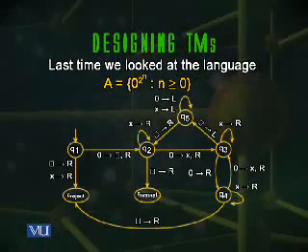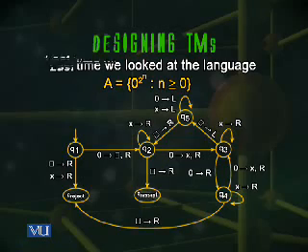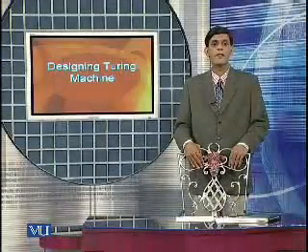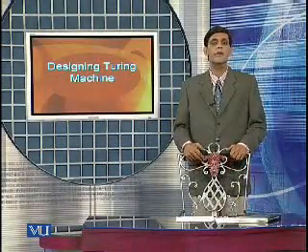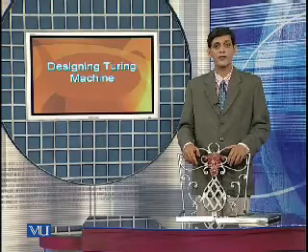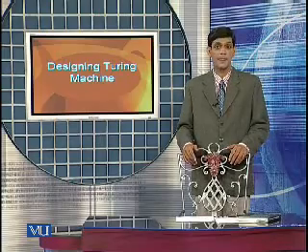On the other hand, let's say we give it 100 zeros, and remember that 100 is not a power of 2. The machine will cross off every other zero and there will be 50 zeros left on the input tape. At this point, the machine will continue. In the next phase, the machine will cross off every other zero and there will be 25 zeros left on the input tape.